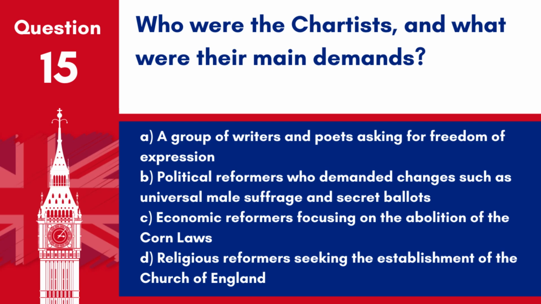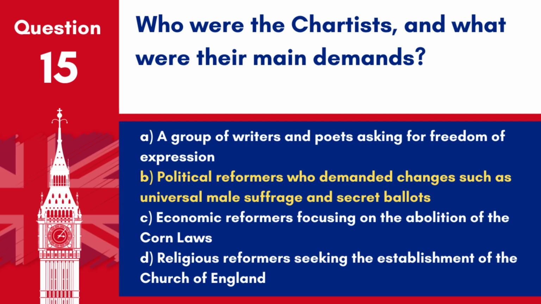B. Political reformers who demanded changes such as universal male suffrage and secret ballots. C. Economic reformers focusing on the abolition of the Corn Laws. D. Religious reformers seeking the establishment of the Church of England. Answer. B. Political reformers who demanded changes such as universal male suffrage and secret ballots.